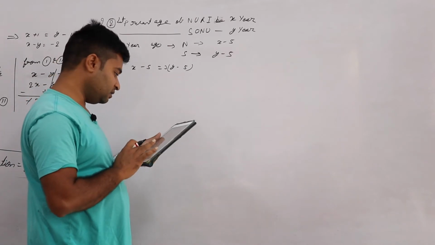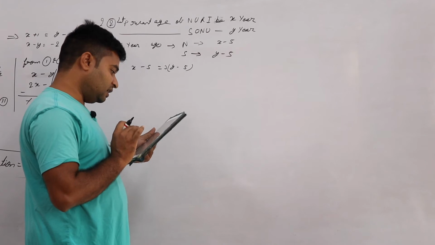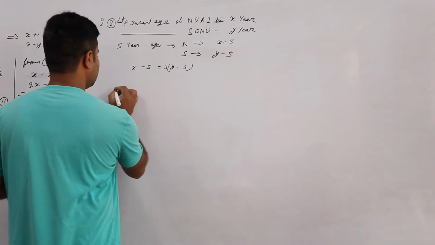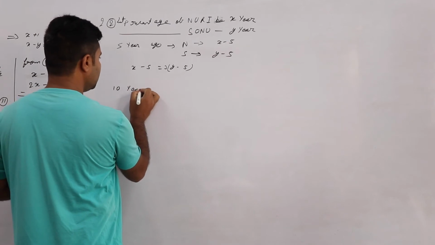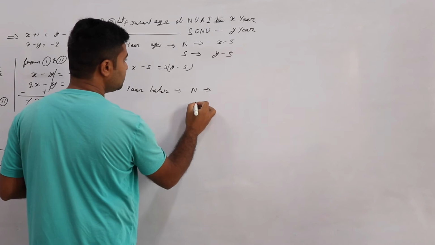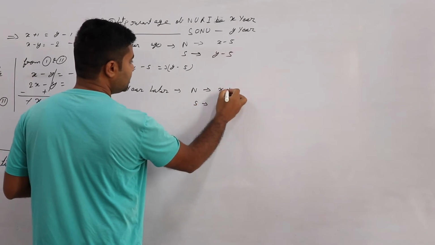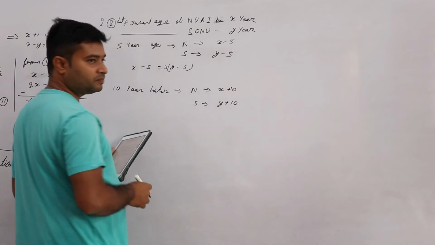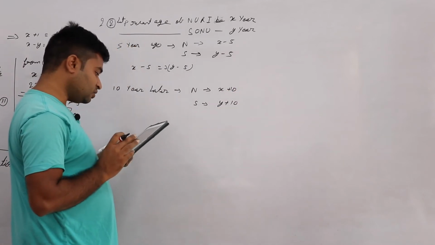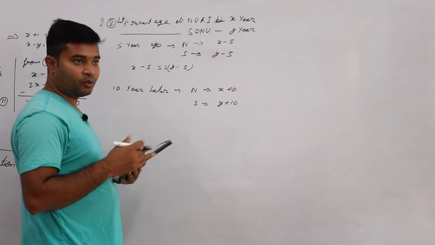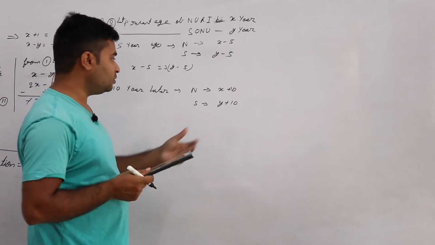Achha, next is saying 10 years later. Noori's age how much? x plus 10. Sonu's also y plus 10. Yes or no? And it says who will be twice? Noori will be twice as old as Sonu. So in which age should you multiply by 2?